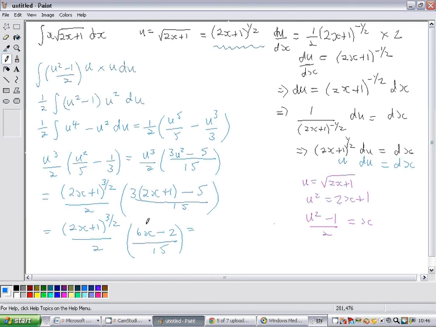So what I'm going to do is divide this expression by 2 and cancel out that 2 on the bottom. So that'll leave us just with a 15th as the fraction. We'll have the (2x plus 1) to the 3 over 2, and then rather than having 6x minus 2, when I divide it through by 2, I'll get 3x minus 1. And I think that is the answer that we've got.